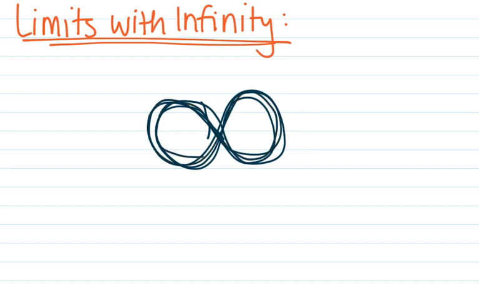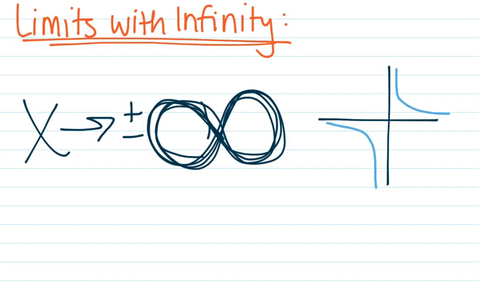The first way we're going to look at is what's happening to our limit as x approaches a positive or negative infinity. Now, we've done this graphically plenty of times, where we've looked at a graph and going to negative infinity, we go to the left and see what it approaches, and going to positive infinity, we go to the right and see what it approaches.